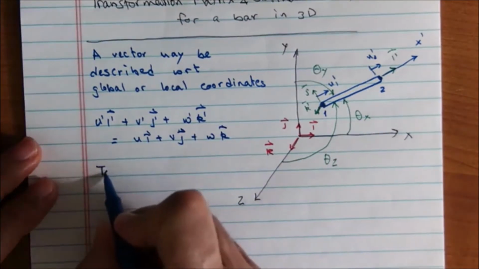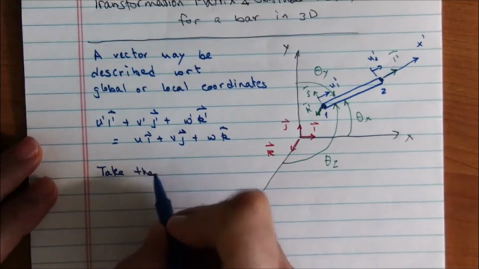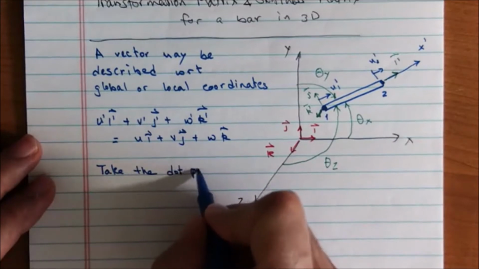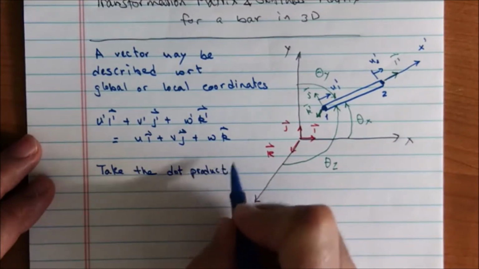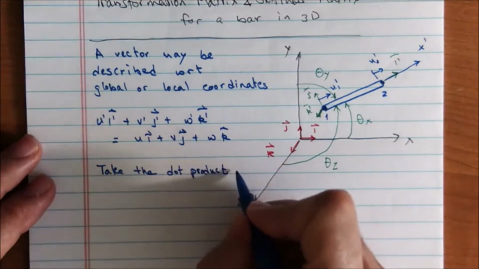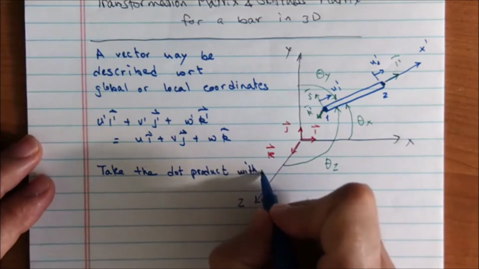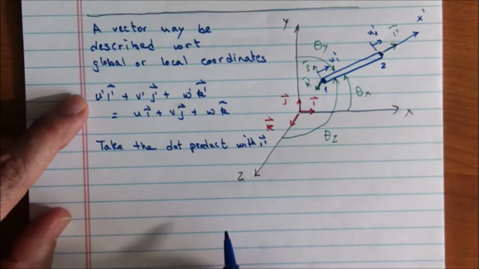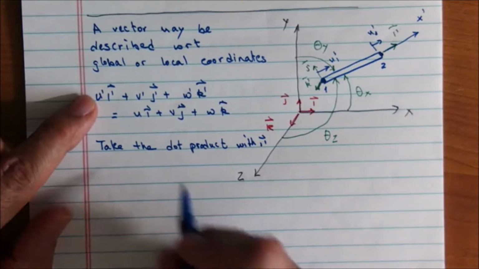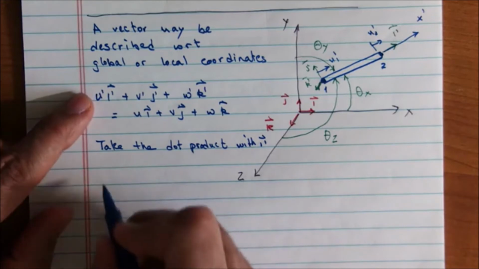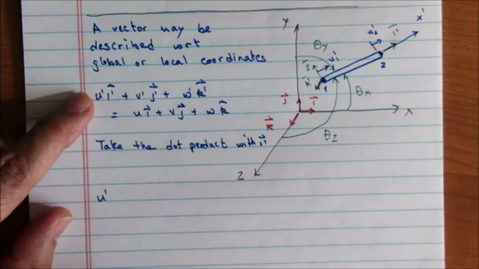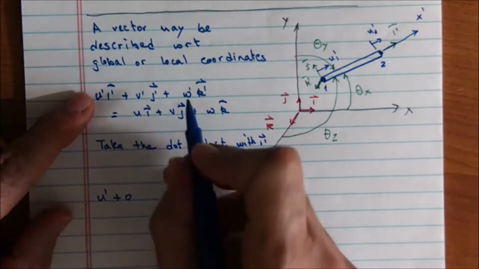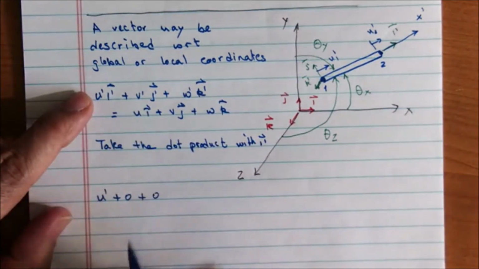If I take the dot product with I prime, then we get here U prime, I prime dot I prime, that's 1. So I get a U prime. And then when you multiply J prime with I prime, I get a 0. And you multiply K prime with I prime, I get a 0.